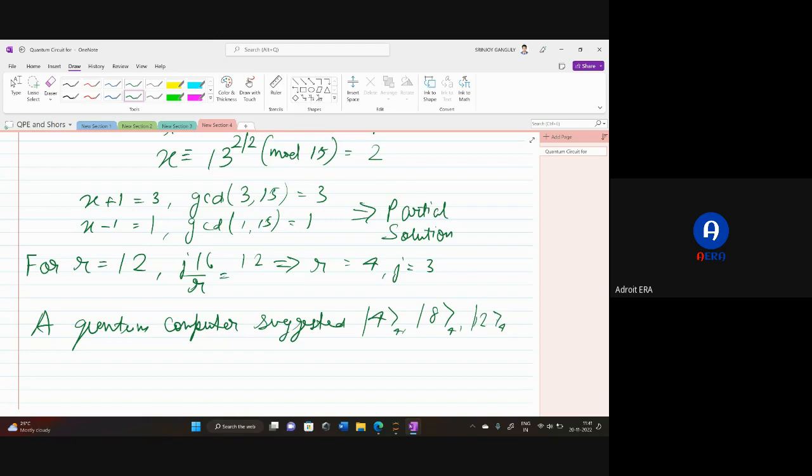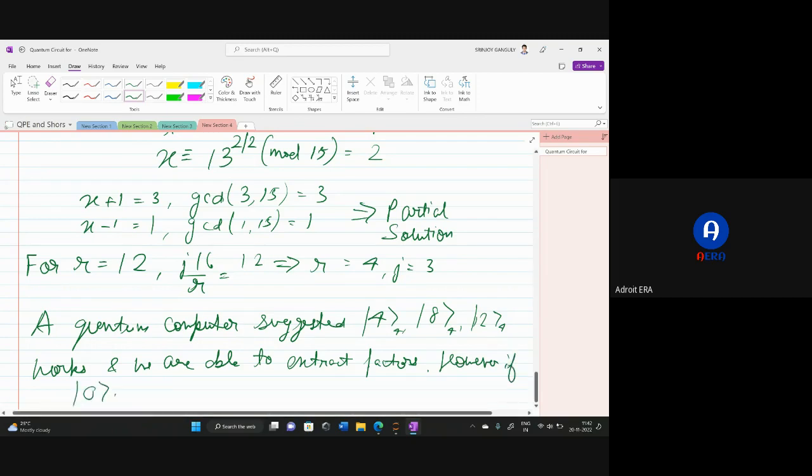Okay, Ket 12 works, and we are able to extract factors. However, if Ket 0, try again.